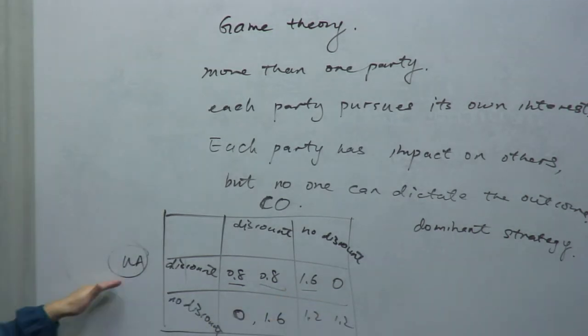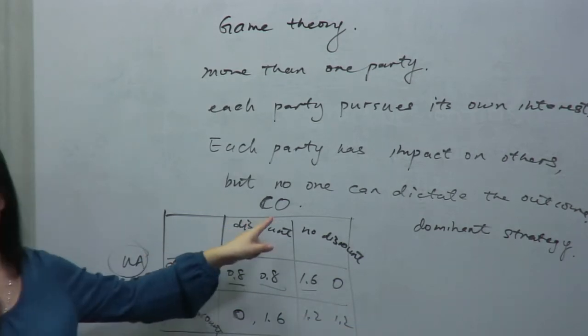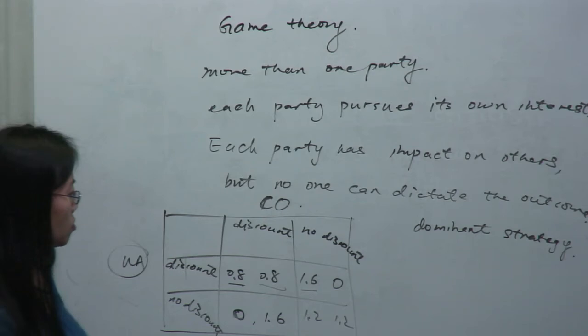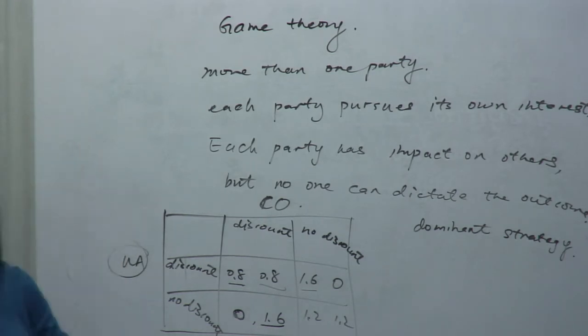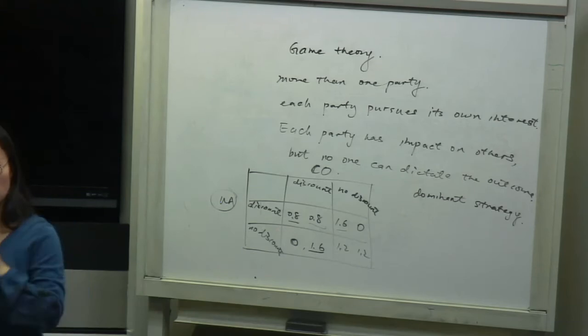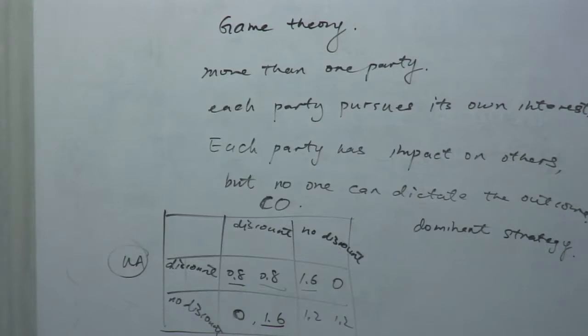If UA chooses to offer no discount, then what's the best thing for Continental Airlines? Offer discount. So Continental Airlines also has a dominant strategy. So what is the outcome in this game? They're both going to offer a discount, and each one is going to make $0.8 million.